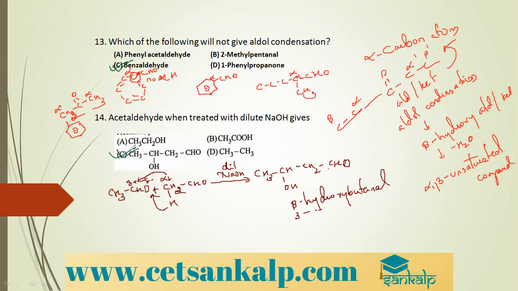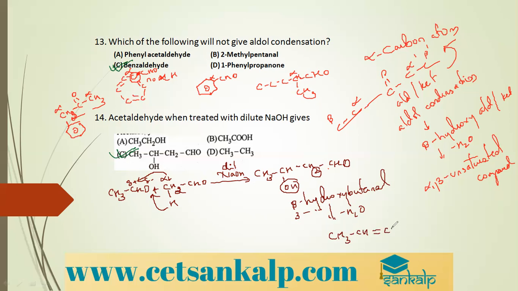This is the option. If they wouldn't have given this, then there would be a further reaction wherein this would lose a water molecule, OH and H of the alpha position. In that too, the alpha position should contain fewer hydrogens. So this hydrogen will be gone and there will be a double bond here. So what will we get?